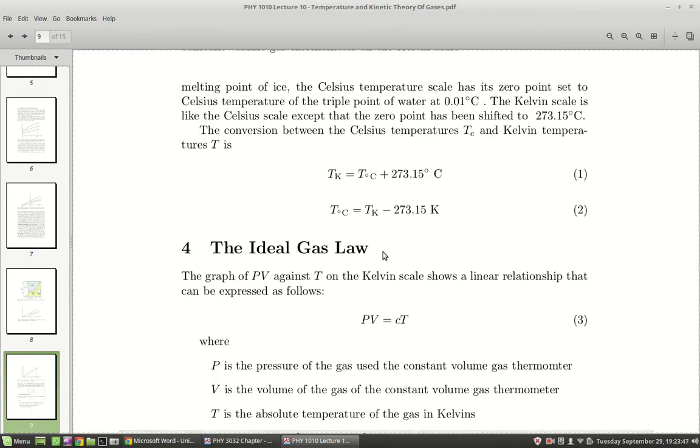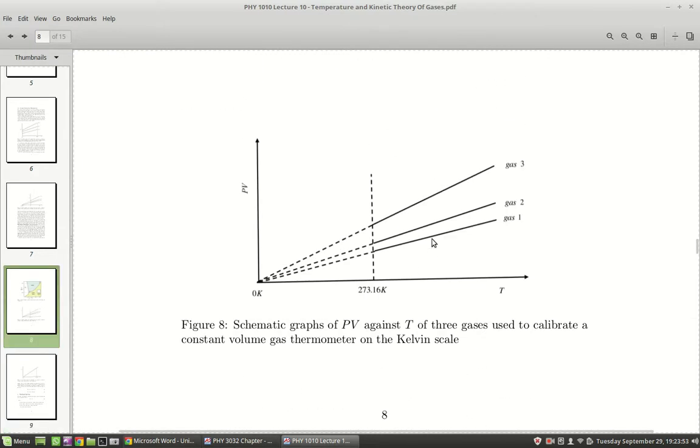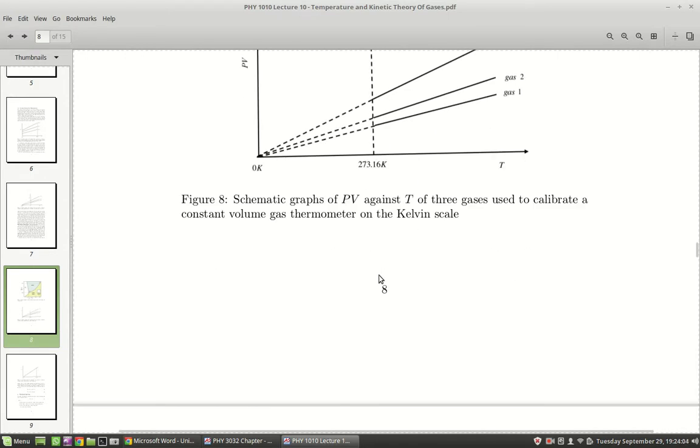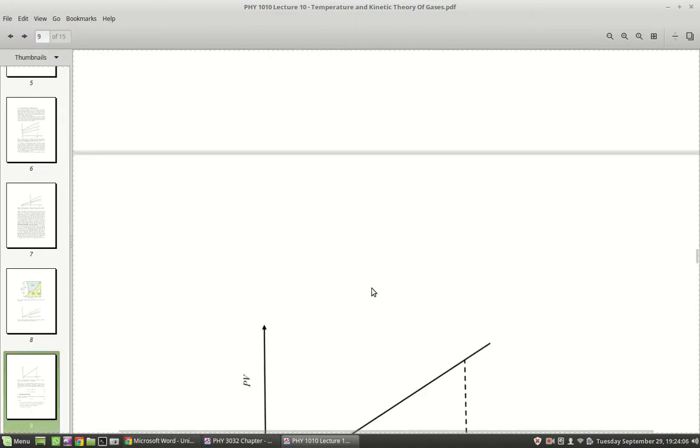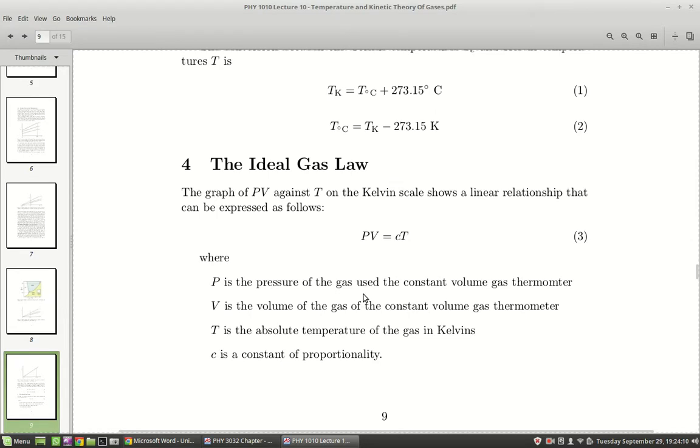Okay, now the one thing you will notice about these gases, regardless of the gas you're using, is that it's a straight line. And since it's a straight line, we know how to describe a straight line. You can describe a straight line using y equals mx.